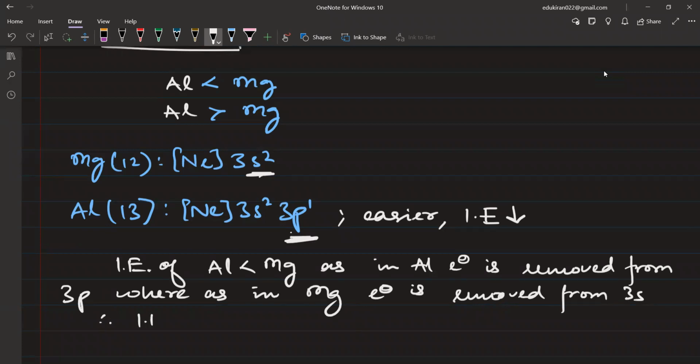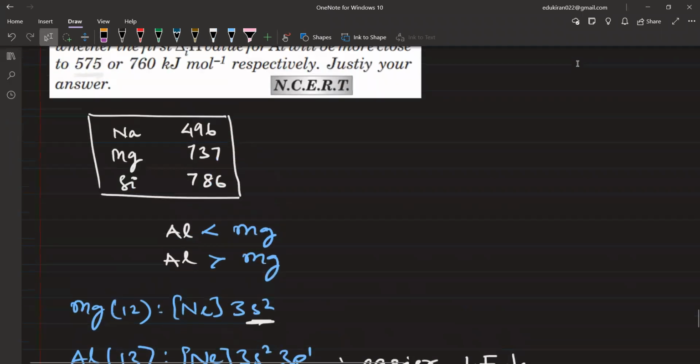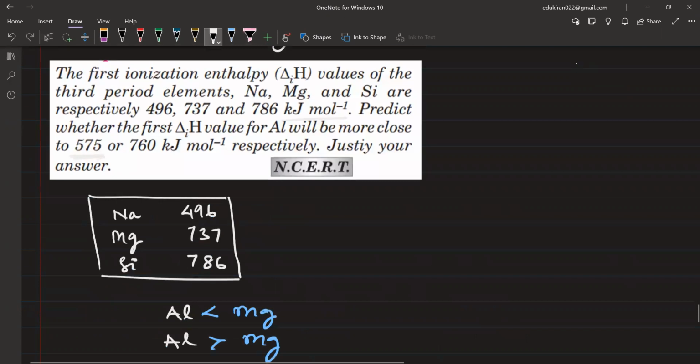Therefore, the ionization enthalpy of aluminium will be nearer to which one, 575 or 760? It is lower than magnesium.